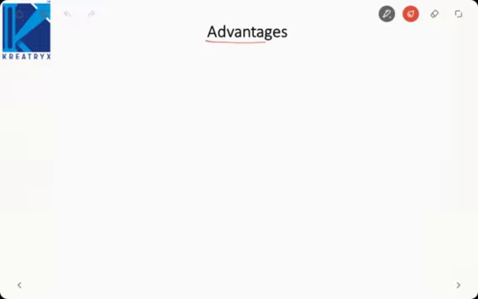Now why should we go for an auto transformer? What is the problem with the two winding transformer, or what are the advantages of an auto transformer? As we saw on the last slide, the two windings were wound on the same core or the same limb, and some portion of the winding is common. So here core volume is less.